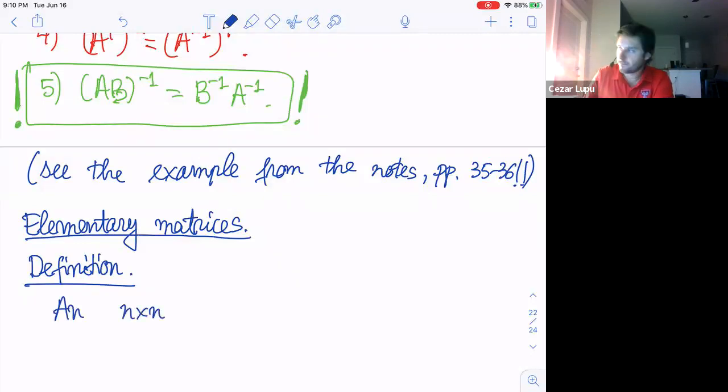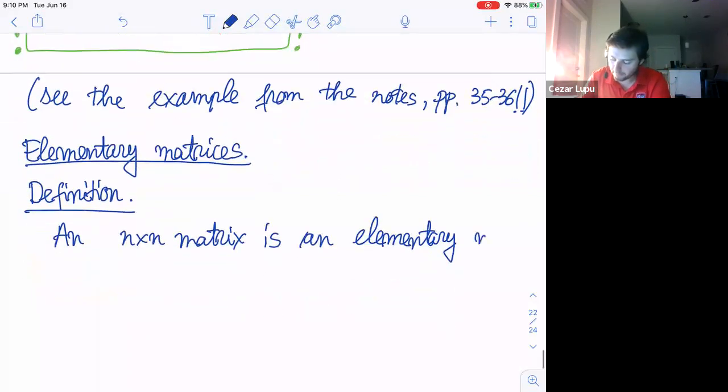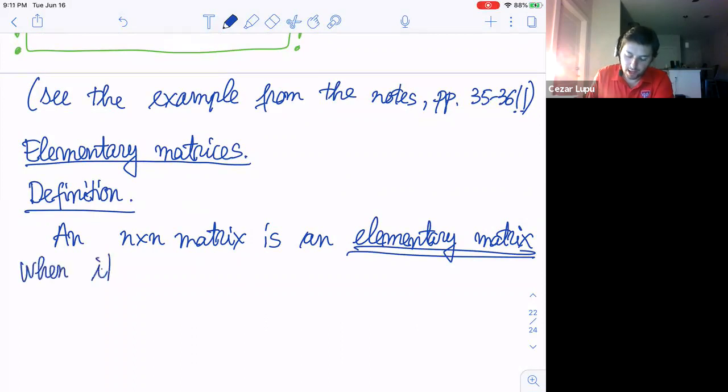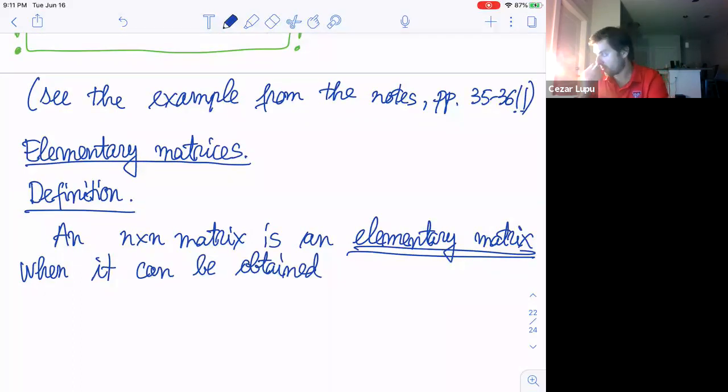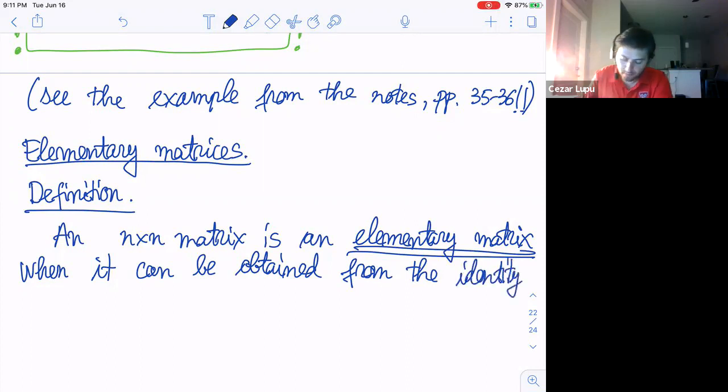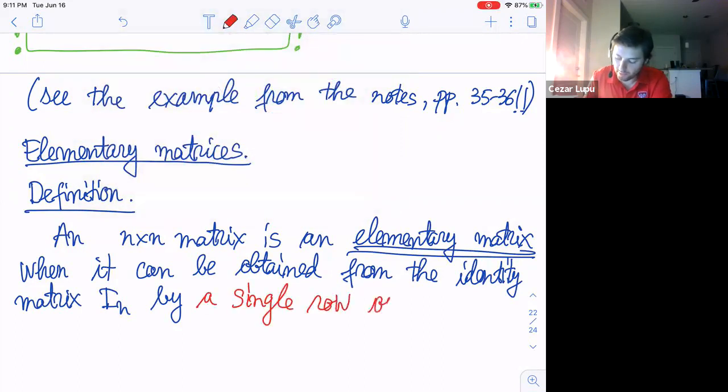An n by n matrix is an elementary matrix when it can be obtained from the identity matrix by a single row operation.